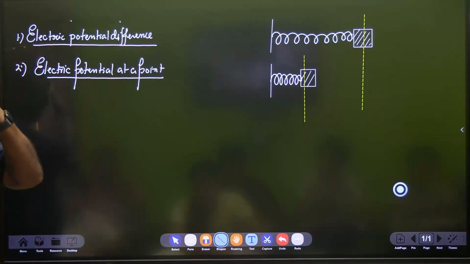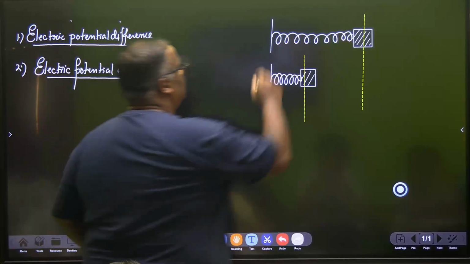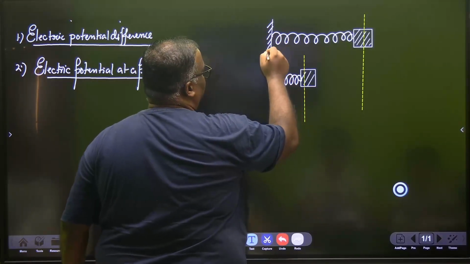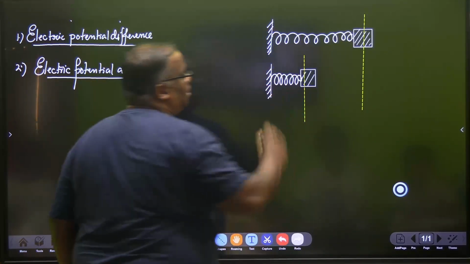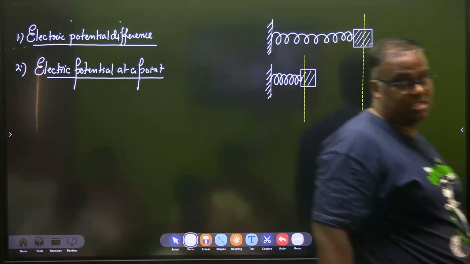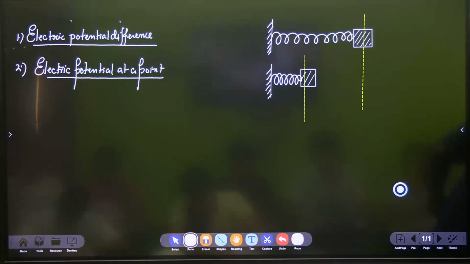This is a spring system. Very commonly we study this in mechanics. The spring is right now in an uncompressed state.